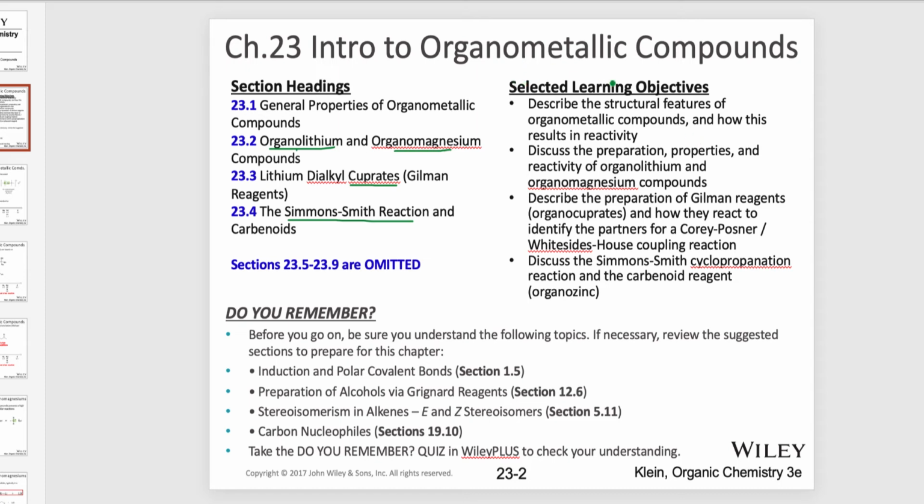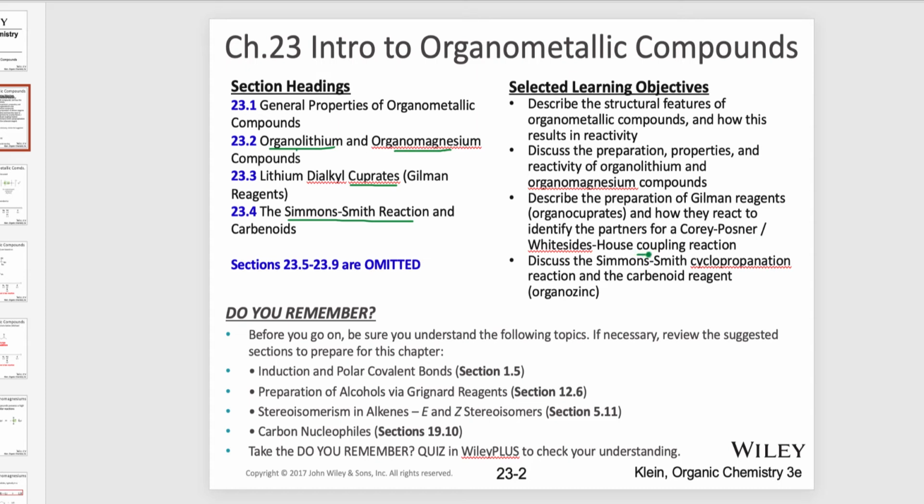Here are some of the selected learning outcomes. Describe the structural features. We need to understand the polarity, the dynamics that now shape what is a nucleophile or an electrophile. We discussed the preparation and properties of the organolithium and organomagnesium compounds, as well as the Gilman reagents. And as a named reaction, it's a mouthful, we can make some very powerful new bonds in the Corey-Posner-Whitesides-House coupling reaction.